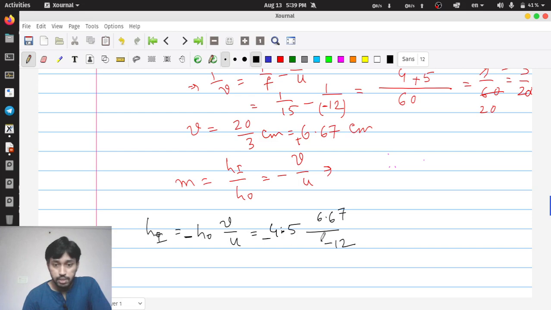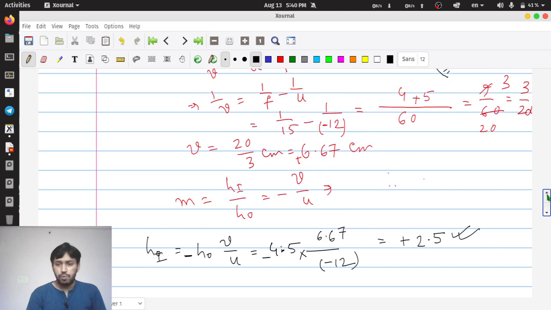If you calculate, it comes to plus 2.5. So the height of the image will be 2.5 centimeter, in the upward direction.